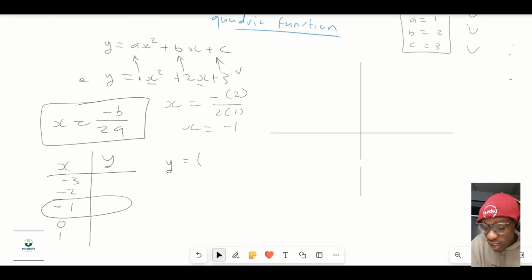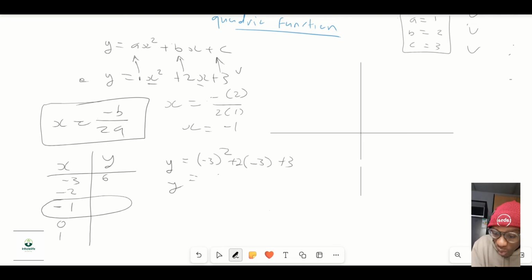The first one is negative 3. You put your negative 3 here and square it, plus 2 times negative 3, plus 3. Putting this into your calculator, in this case we have negative 3 squared plus 2 times negative 3 plus 3, and you're going to get 6 as your answer.